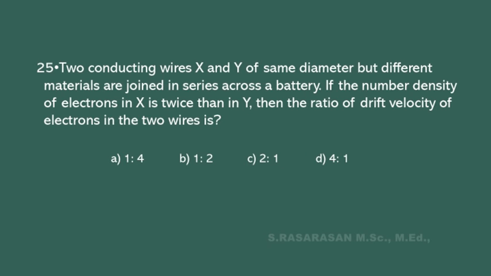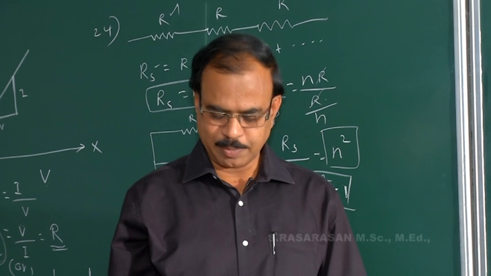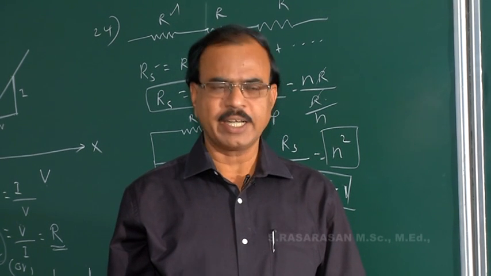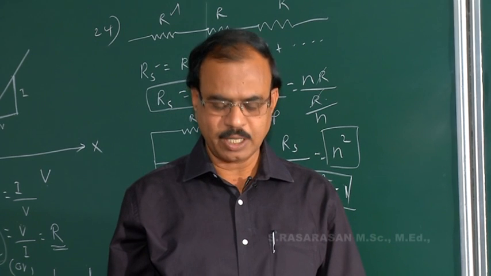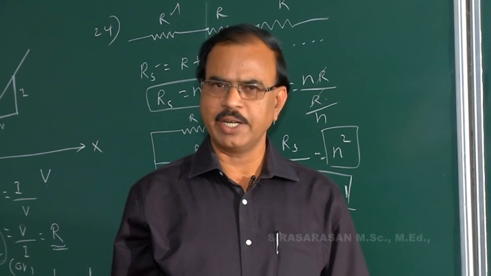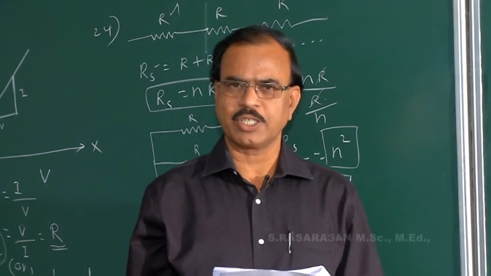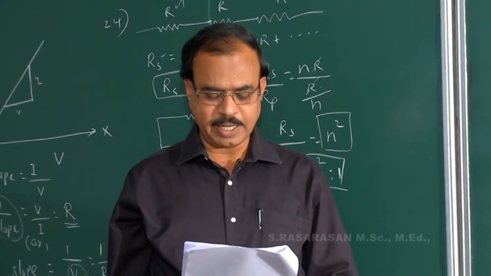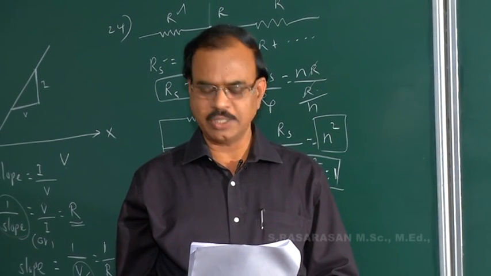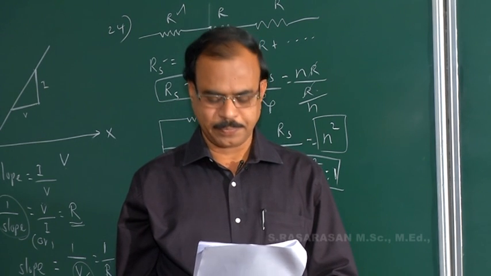If the number density of electrons in X is twice that in Y, then the ratio of drift velocity of electrons in these two wires is dash. Let me repeat. Two conducting wires X and Y of same diameter, same radius, same thickness, same cross-sectional area, but different materials are joined in series across a battery.